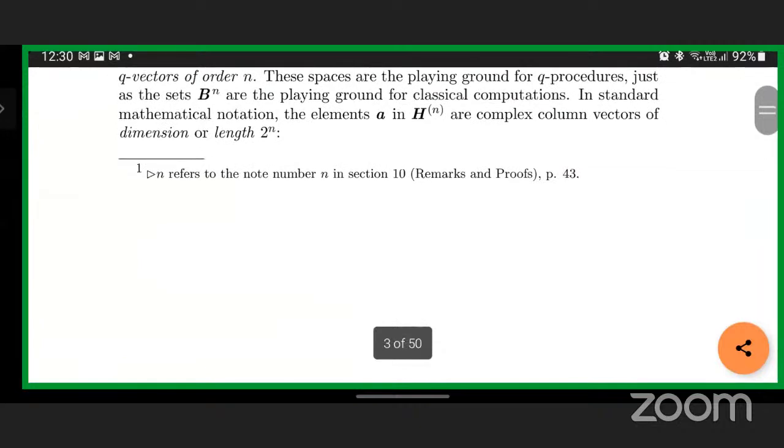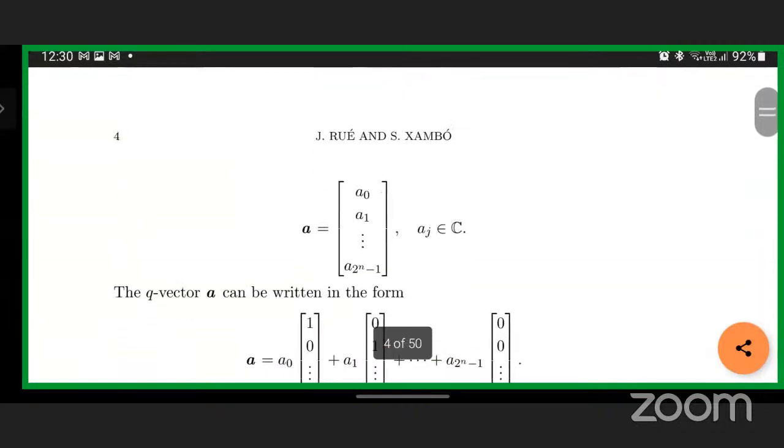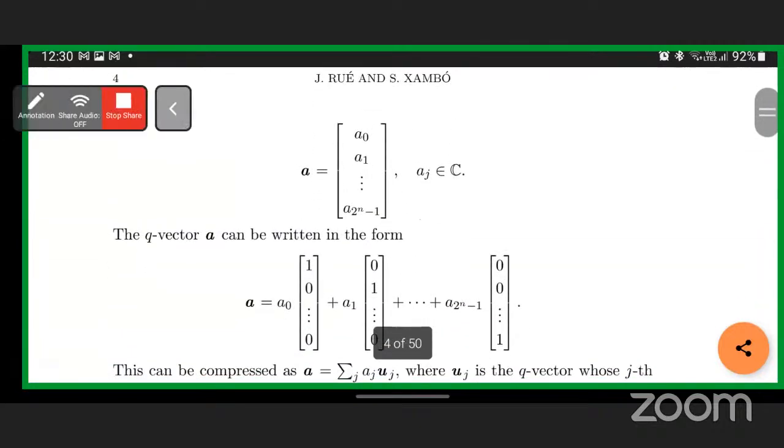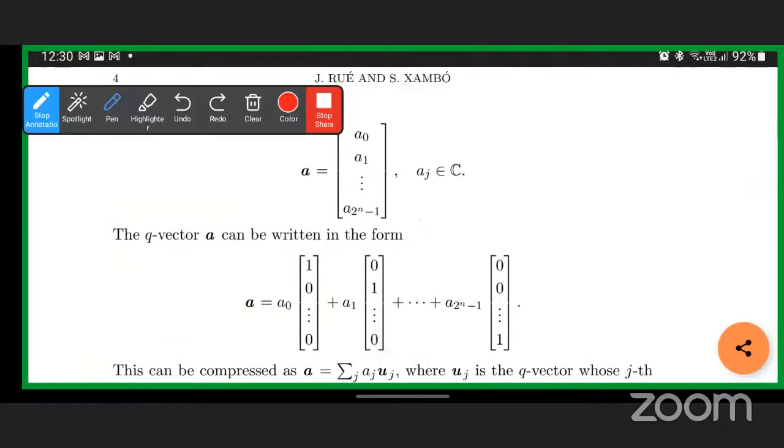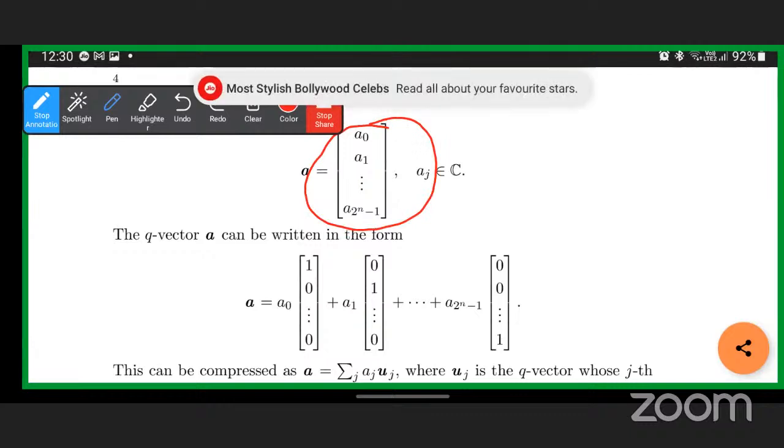Let's come here. I have this vector A of length 2 raised to n minus 1.